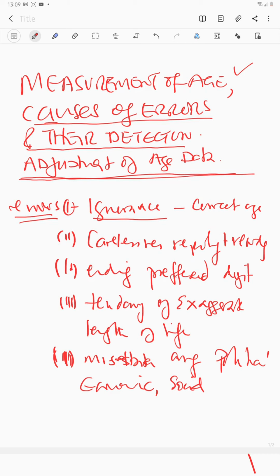Now, most of the time, the causes of age misstatement are common in most demographic investigations. Mostly in Africa, people tend to cheat a lot or misstate a lot on the ages. Because of that, we have deficiencies in how we report data, and that affects even the quality of data that exists in Africa.